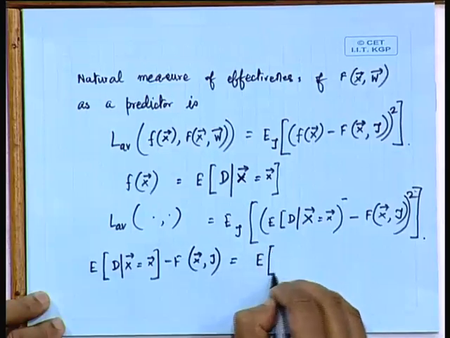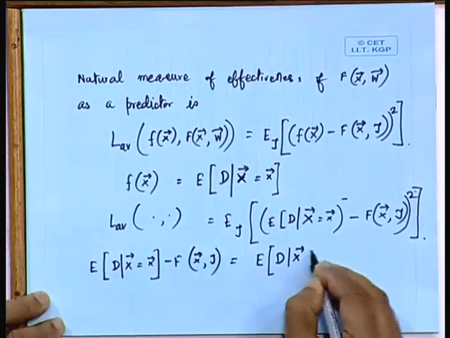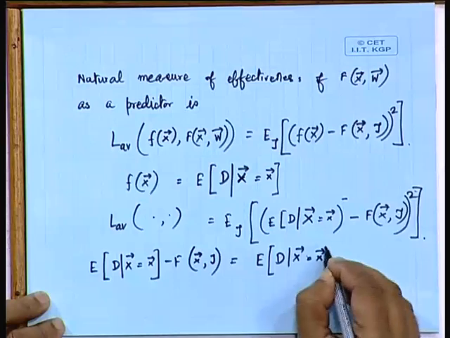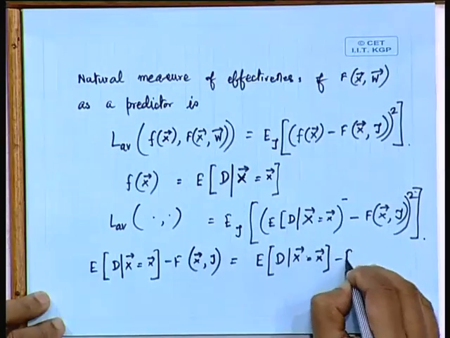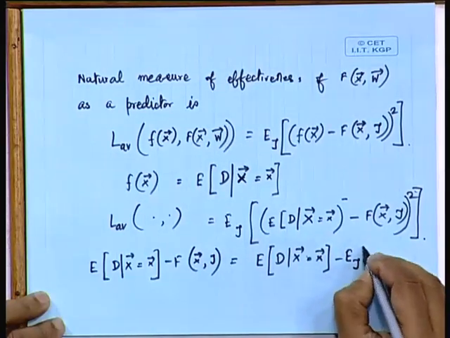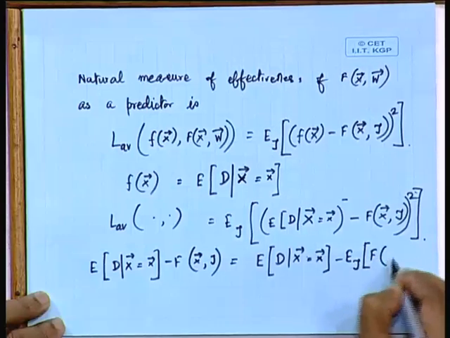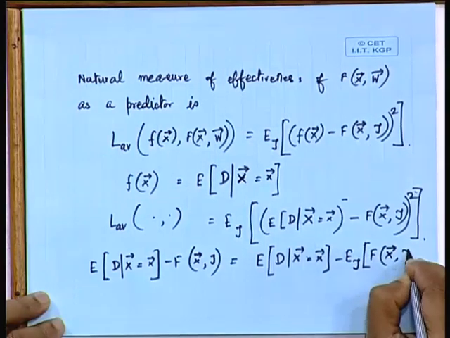What? E of d given X equal to x vector minus E_T of f of x vector, T.